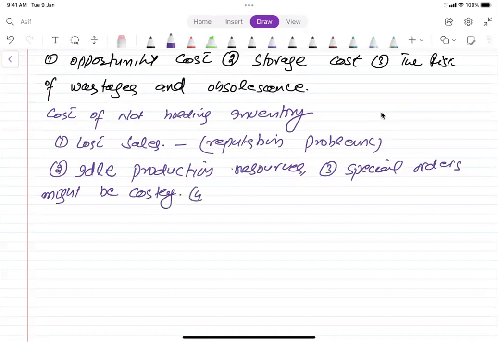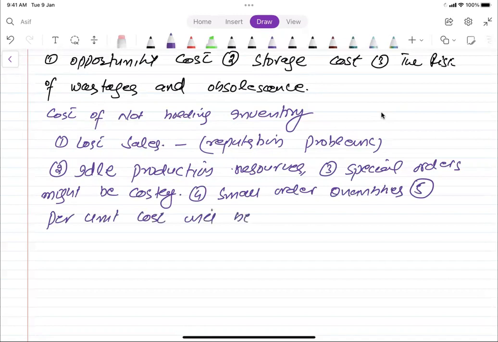People might give you smaller order quantities, they won't give you larger orders, and there is a high per unit cost, because purchasing in smaller amounts means no bulk buying discounts. As a result, per unit cost will be high. So this is what happens with the cost of holding the inventory and the cost of not holding the inventory.